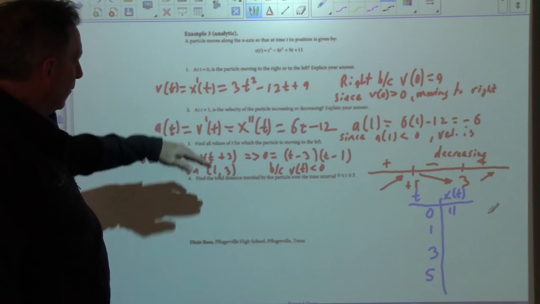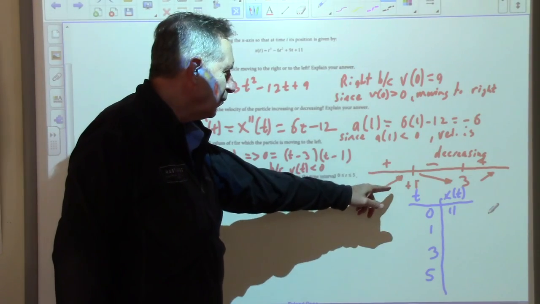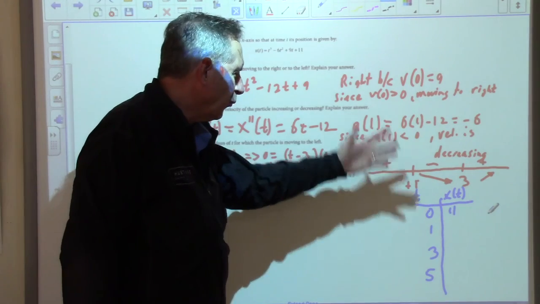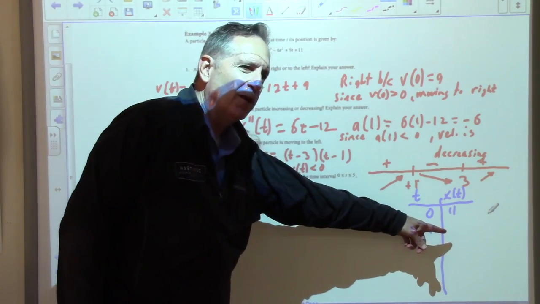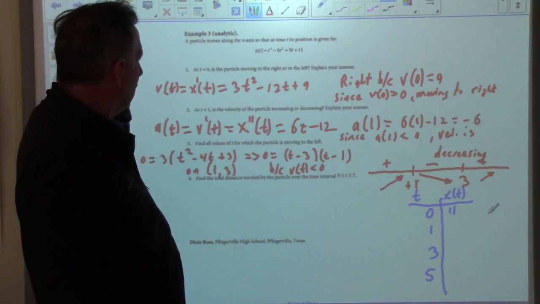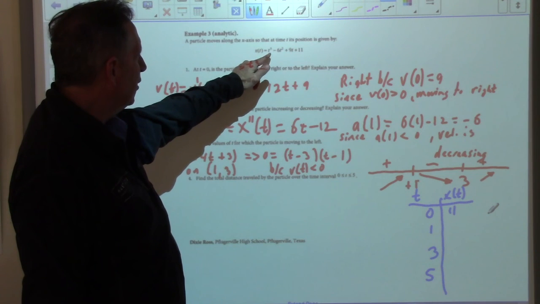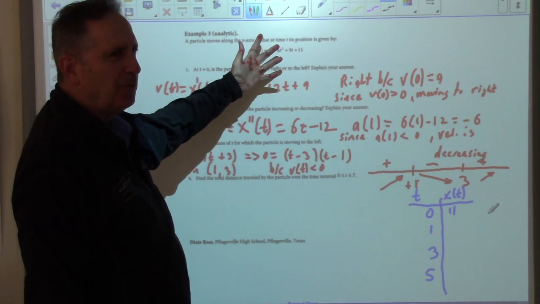Now, remember, velocity is positive to the left of 1. So should we expect this to be a higher number or a lower number than 11? Higher, right? So let's go ahead and put 1 in here. When you put 1 in here, the arithmetic's pretty easy, right?